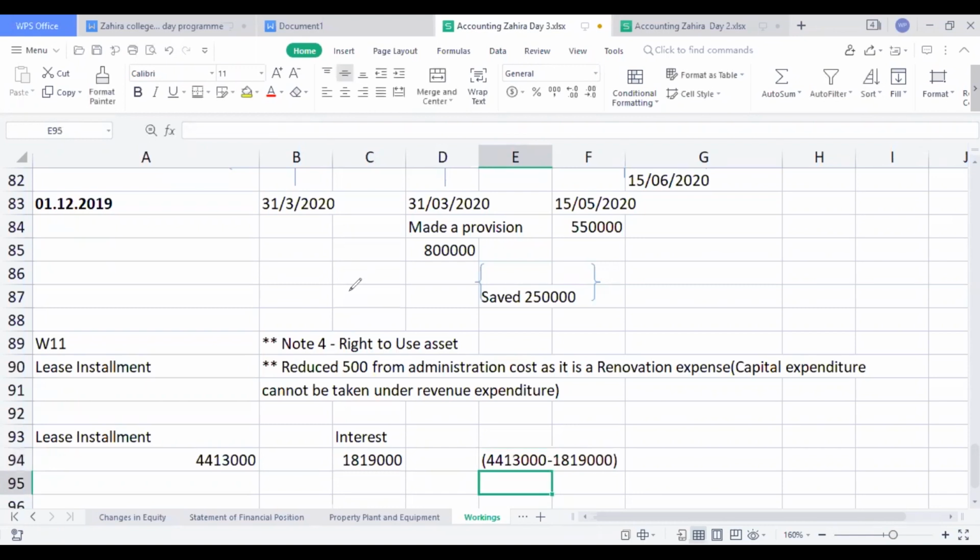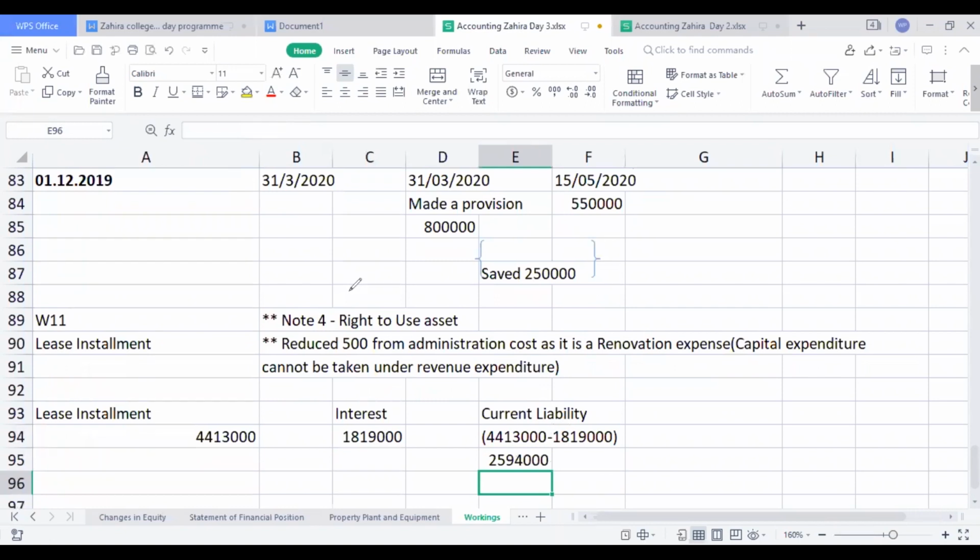This is giving me the balance which I need to pay next year, which is the current liability. So how much is the current liability, guys? How much? It is 4,413,000 minus 1,819,000. If I deduct, I get 2,500 and something is wrong somewhere.